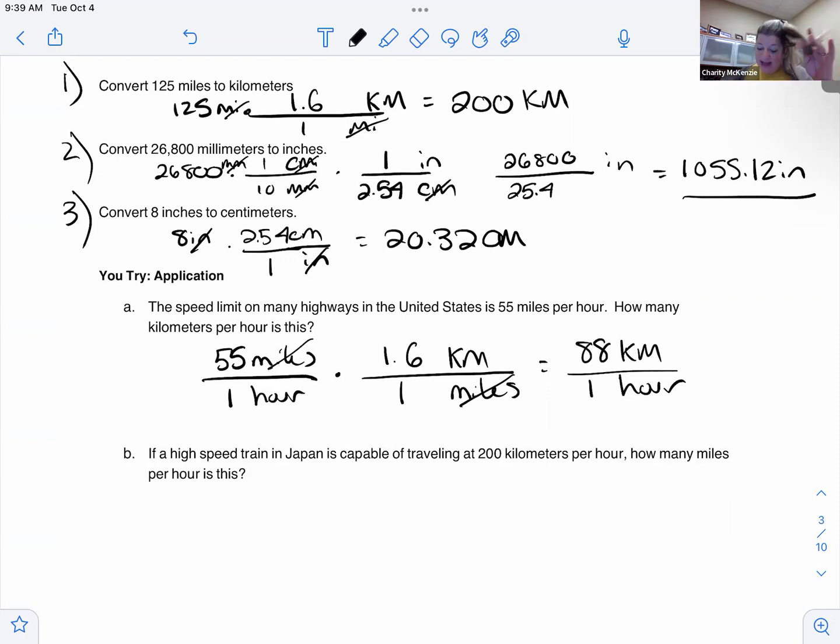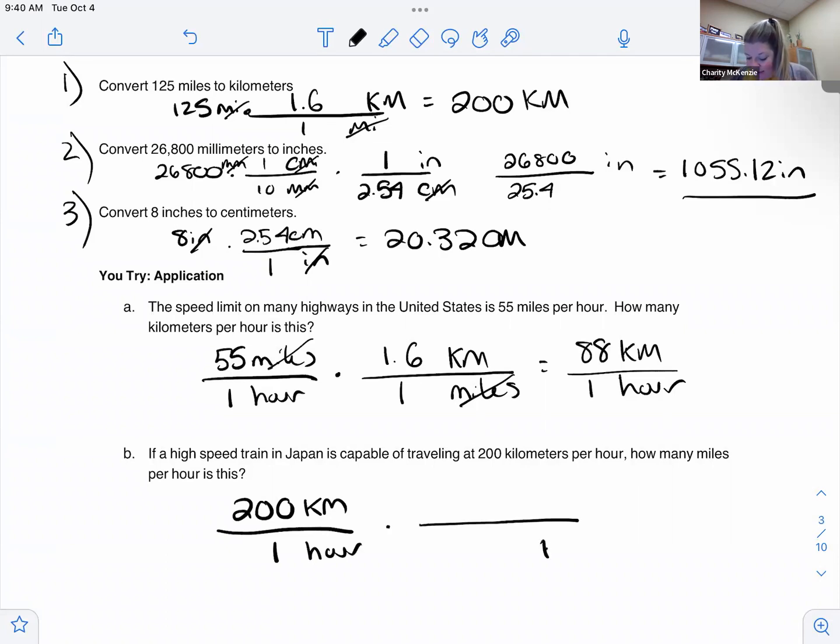All right. If a high-speed train in Japan is capable of traveling 200 kilometers per hour, how many miles per hour did it go? Well, if I multiplied the other one, probably going to divide this one. So we have 200 kilometers, and again, per 1 hour. And then I'm going to times that by, I would like kilometers to stay here and miles to be our goal.